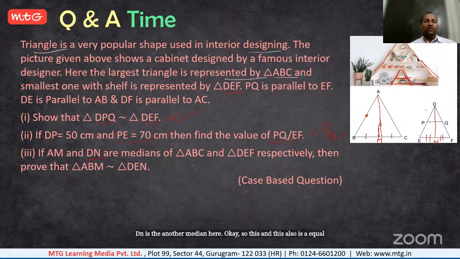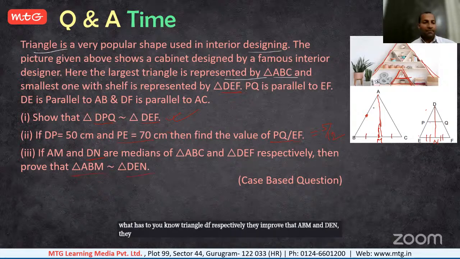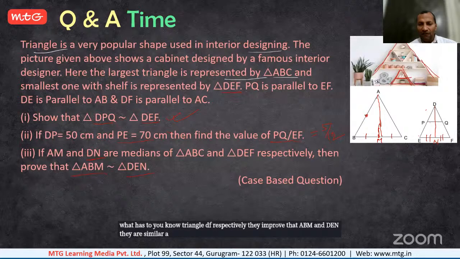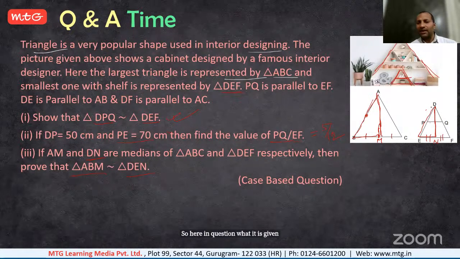Now we have to prove that in triangles ABM and DEN, they are similar. ABM is this half triangle and DEN is this half triangle. In the question, it is given that AB is parallel to DE.